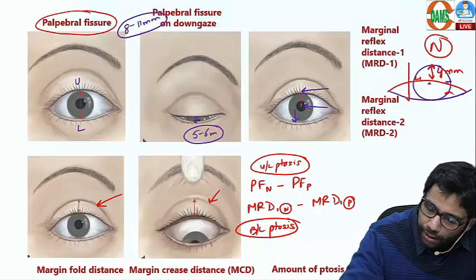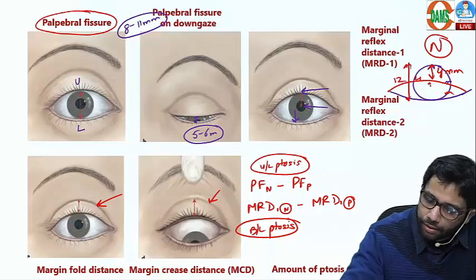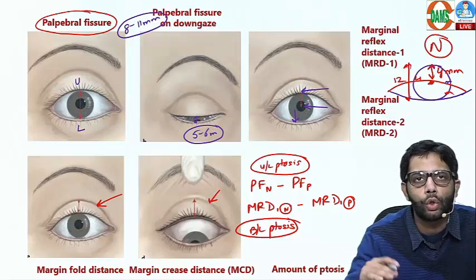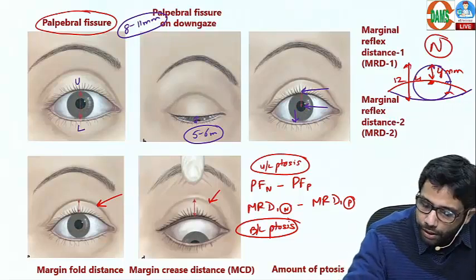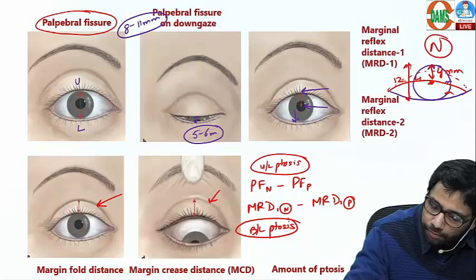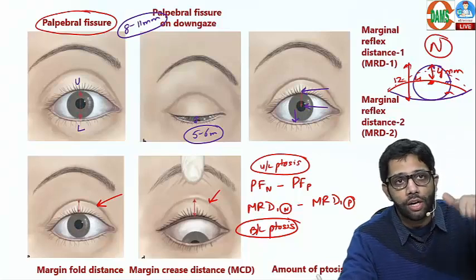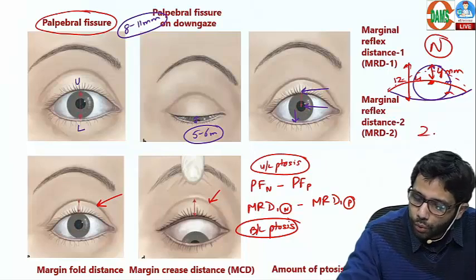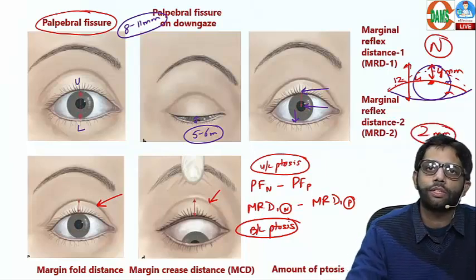Now we know if the corneal diameter is 12, with the corneal reflex in the center, the upper eyelid covers 2 millimeters of the cornea. 2 millimeters it should normally cover. Now it is extra covering how much? That is the ptosis. So 4 minus 2, 2 millimeters will be the amount of ptosis in this patient.